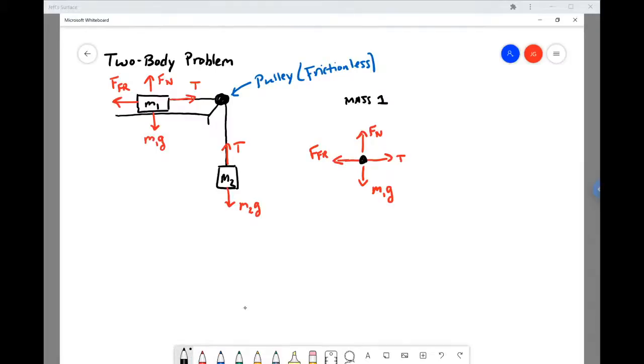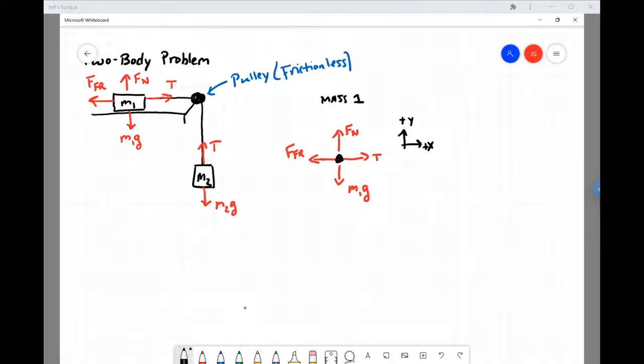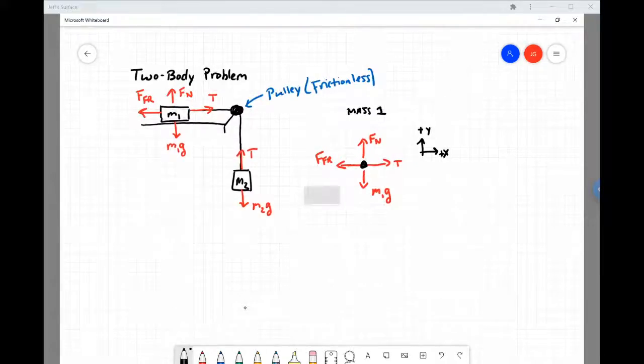For this free body diagram, I'll call up positive y, and to the right positive x. I'm trying to fit a lot on this slide.